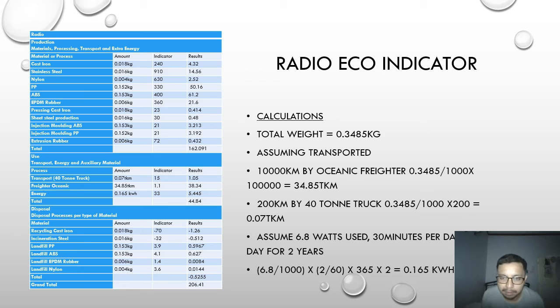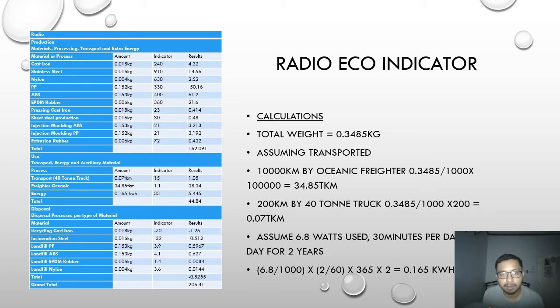The eco indicator is a tool that calculates the score we get for our product. It is a very useful tool to calculate our result for the environmental impact.